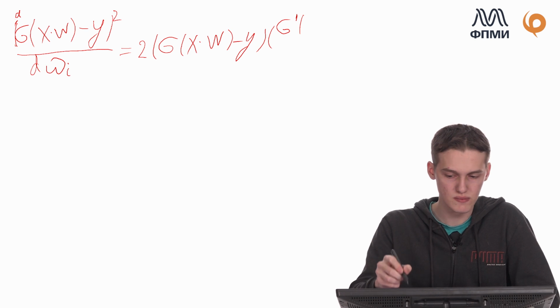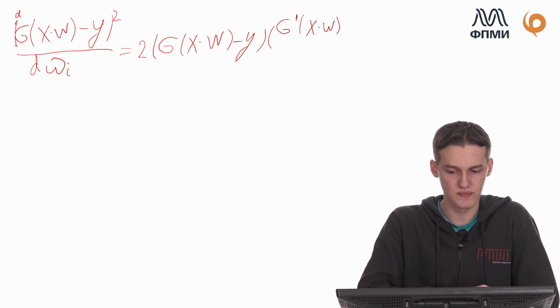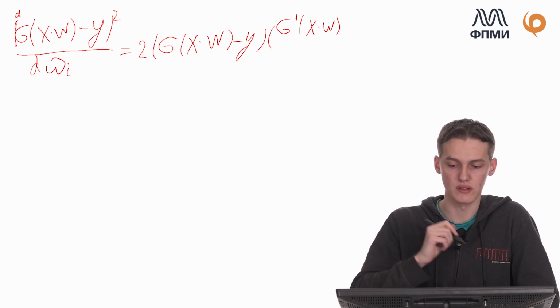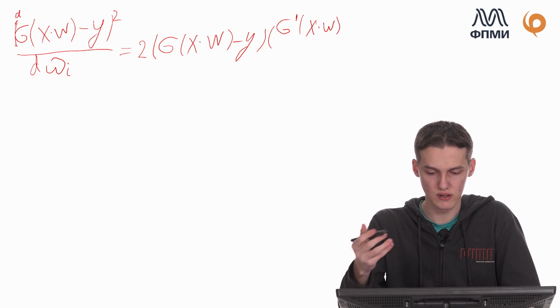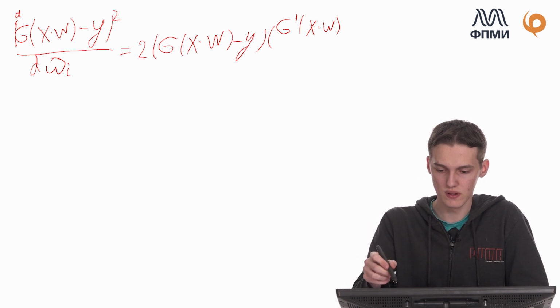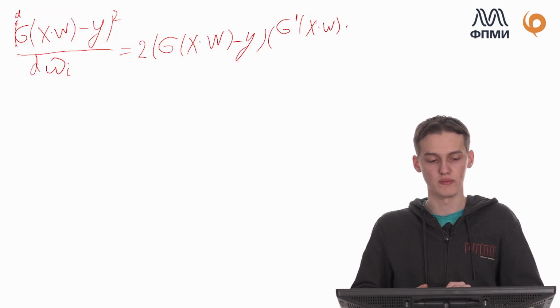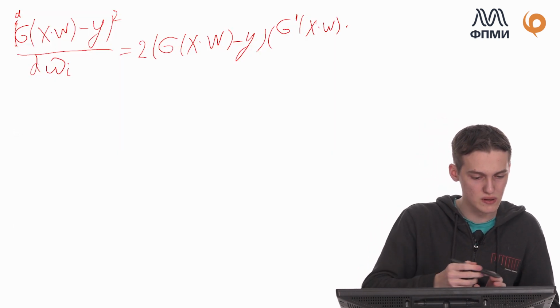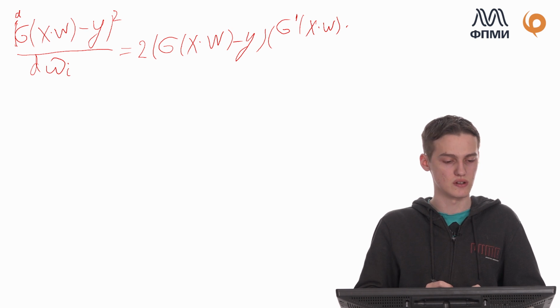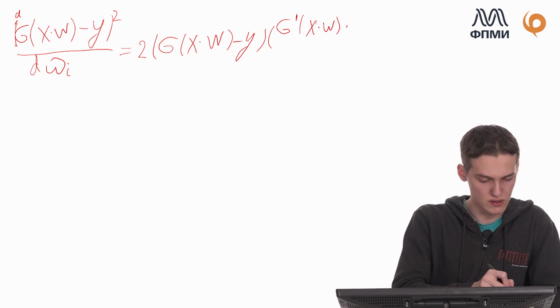Let's put x and its derivative. Oh, okay, I write it. And derivative of the inner function. Okay, what's x times omega? Where is the only parameter, omega i? It's hidden in the omega vector.